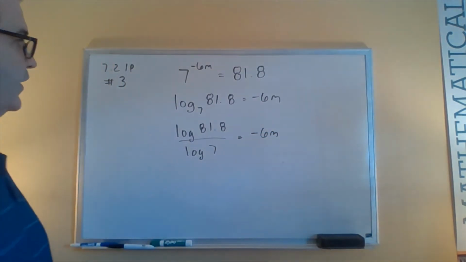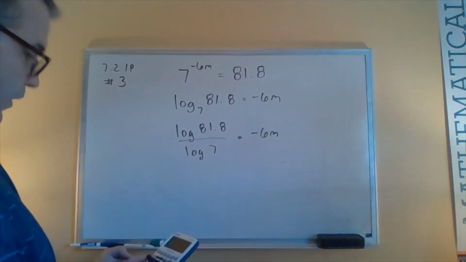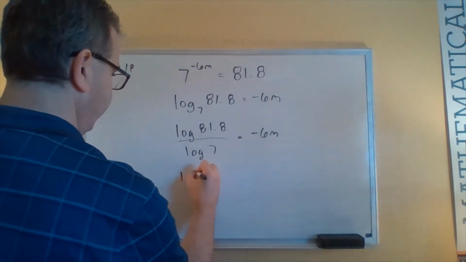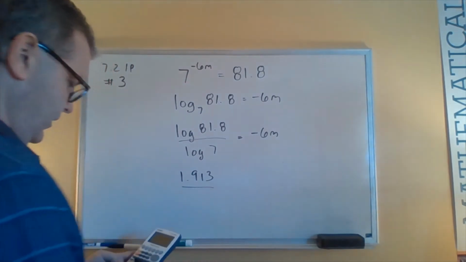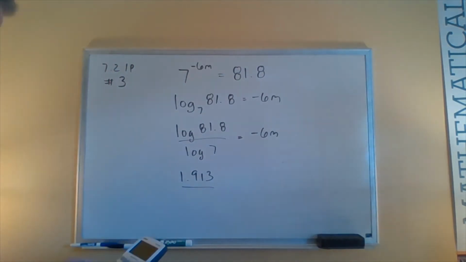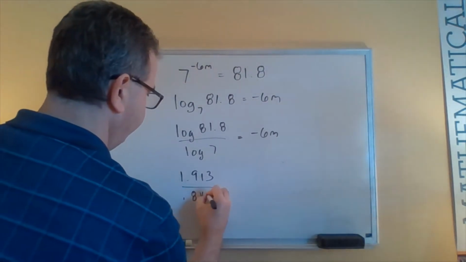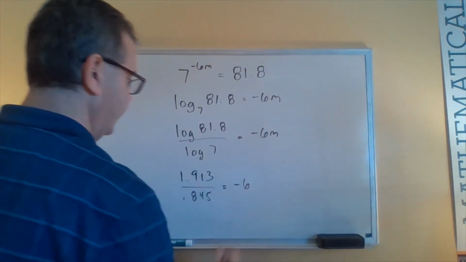So let's do the calculations over here on the left side. The log of 81.8 equals 1.913. That'll be over the log of 7, which equals 0.845. That's going to equal negative 6m.